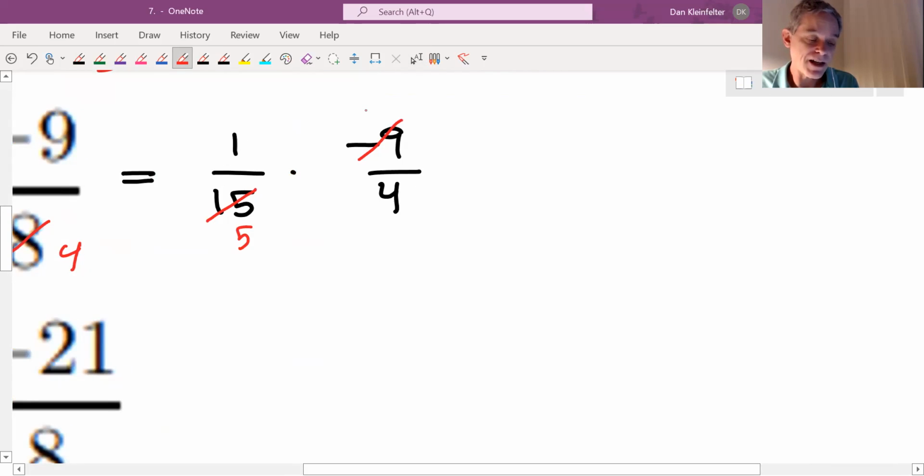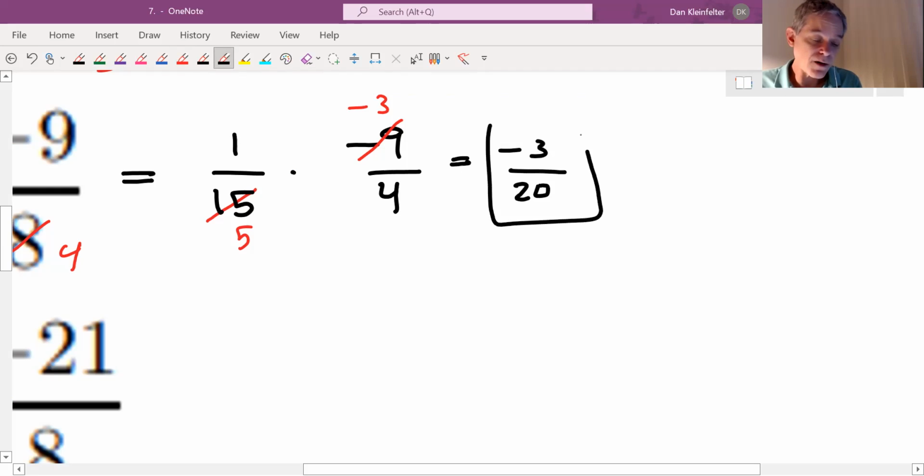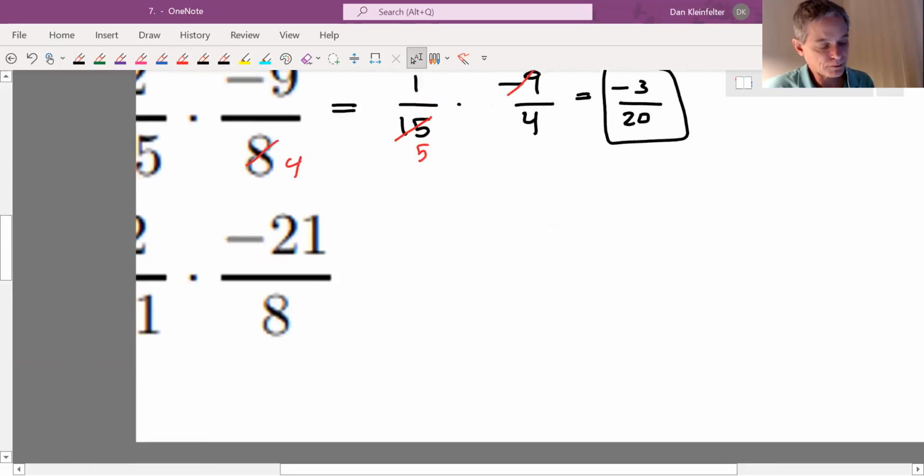Negative 9 divided by 3 is negative 3. That's a bad looking 3. Let's fix that. Okay. All done with the common factors. Multiplying across, 1 times negative 3 is negative 3. 5 times 4 is 20. And once again, I don't have to check and see if that thing simplifies because I know I did everything I could on the preceding step.